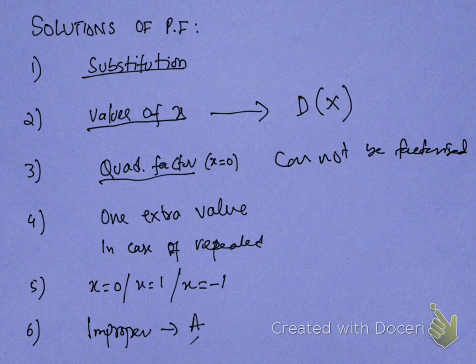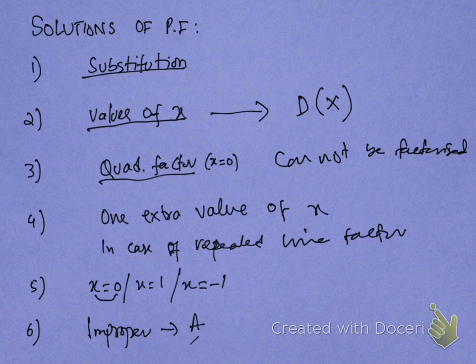Point number 4. You have to suppose one extra value of x in case of a repeated linear factor, because one extra constant would be there. You can suppose any value of x, but suppose that value of x which will make the calculation simple. This is point number 5.